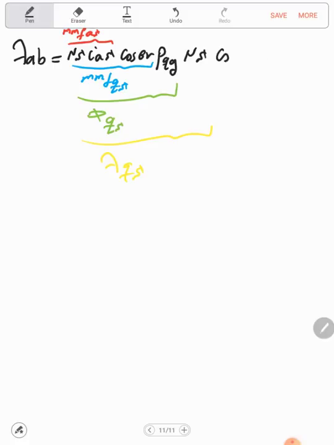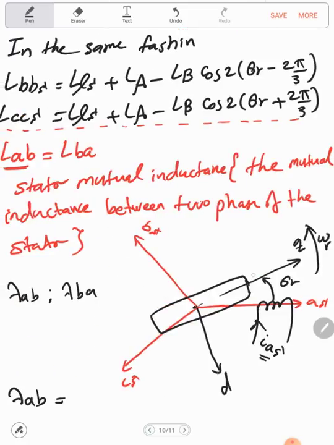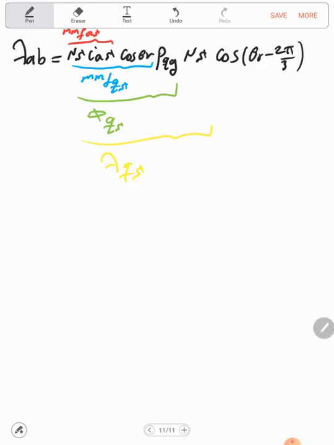So this will be cosine of theta r minus 2 pi over 3. Now the angle between here and here is actually 2 pi over 3 minus theta r, and you know that cosine of minus theta is equal to cosine of theta. So this here now is the projection of the QS flux in the direction of the B.